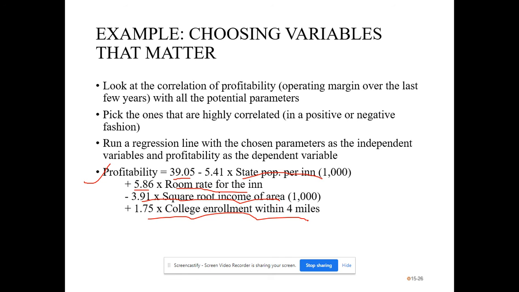You can easily see what has the most impact on profitability: first the positive room rate, and then college enrollment. State population is negatively impacting, and income is also negatively impacting.